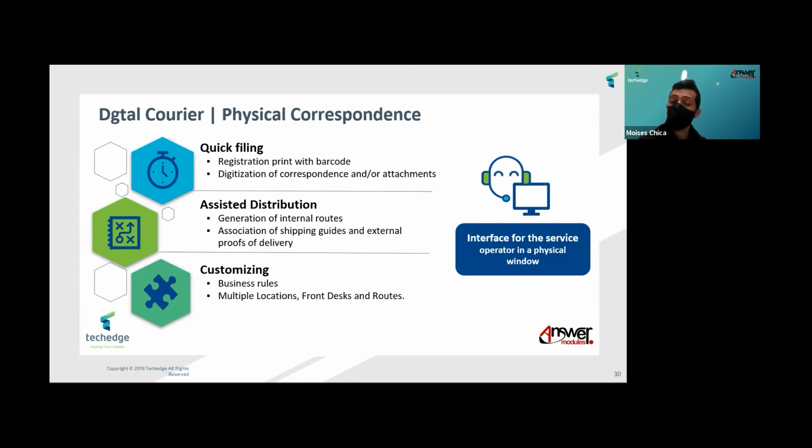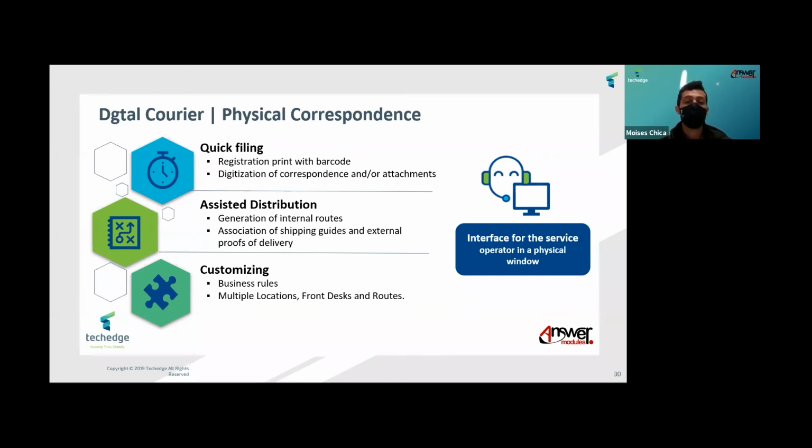To also assist the distribution, because this physical correspondence needs to be routed or shipped by courier services. So we allow the generation of these routes or shipping forms as well, associating the external proofs of delivery or tracking numbers as well.